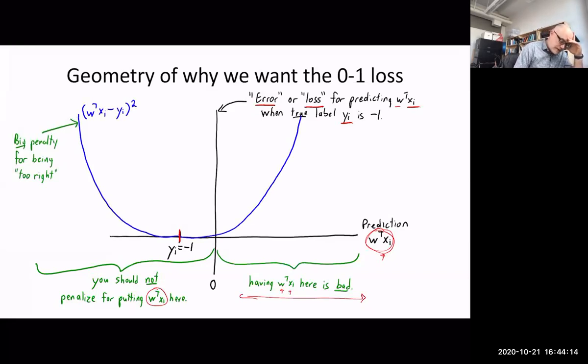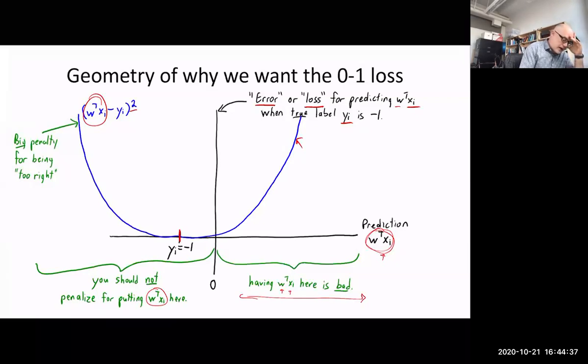So the loss, again, just thinking about this as some arbitrary quantity that we're plotting on the horizontal axis, the loss that we're adding up when we're training our linear classification model, if we were to use the squared 2 norm, is this, right?